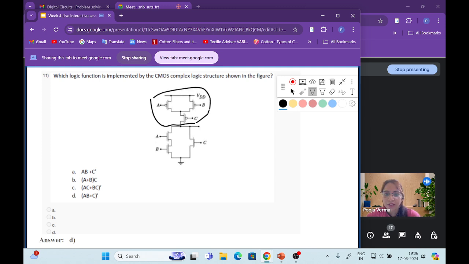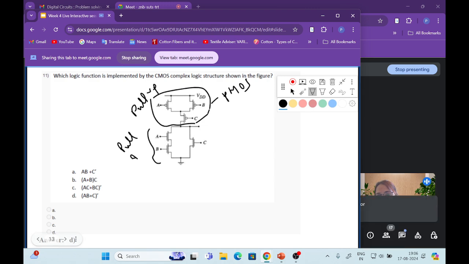And the pull-up network is made by PMOS transistors, right? And the lower one is called the pull-down network.